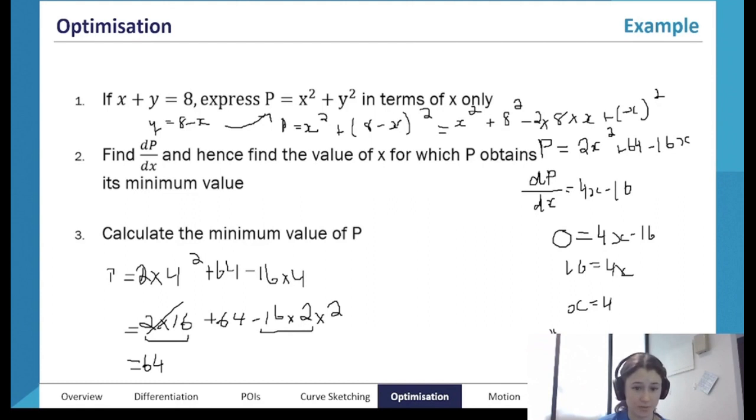So this leaves us with 64 minus 16 times 2. So 16 times 2 is 36. Sorry, 32. So 64 take 32 should be 32. Yeah. So that was just a simple way of manipulating the algebra to get an answer tech free instead of having to do a big long arduous list of addition and subtraction.